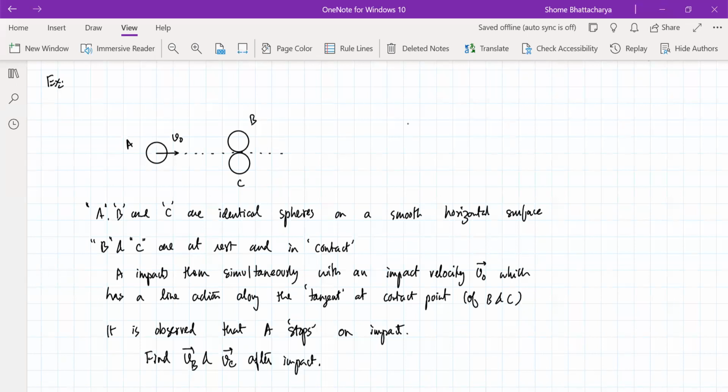And we have to also calculate the coefficient of restitution for A and B's collision and A and C's collision, because there are two collisions happening simultaneously. Remember they are identical spheres, so they have identical mass and identical radius.